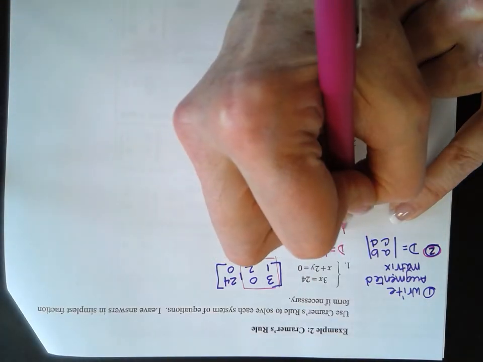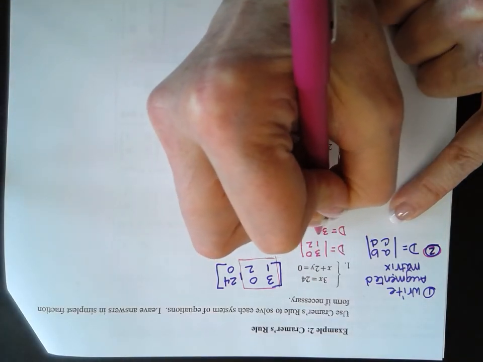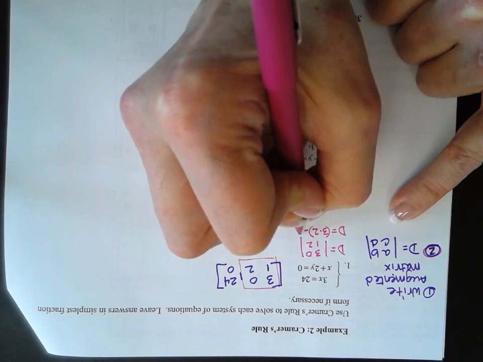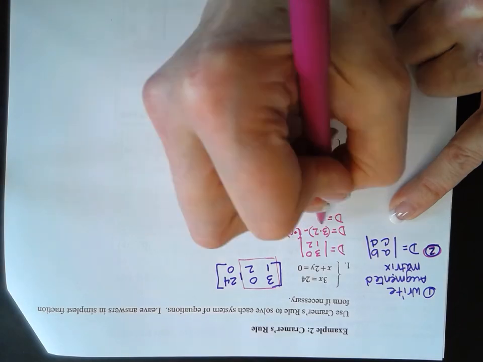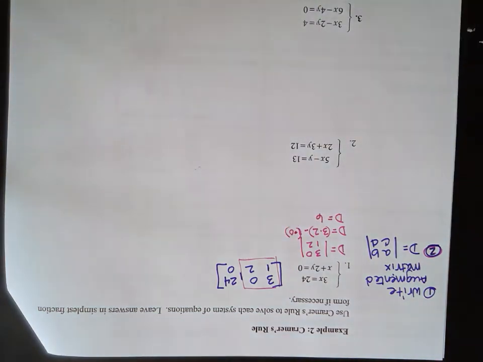That means I have 3 times 2 minus 1 times 0. So my determinant is 6. Agree with that part?